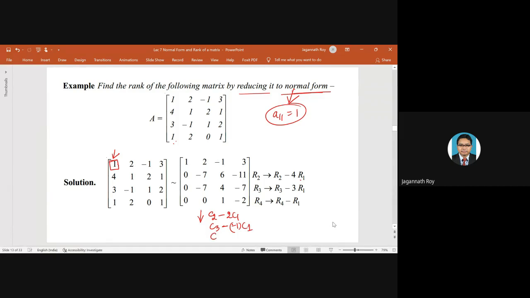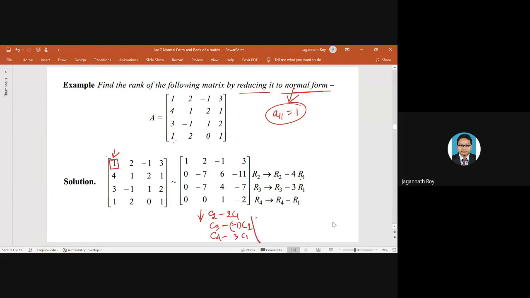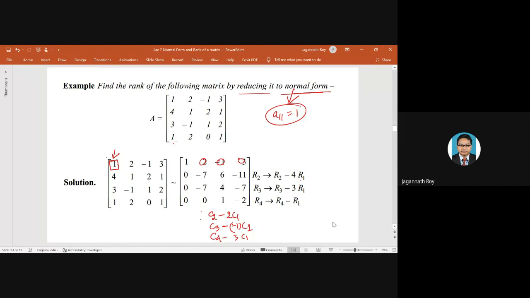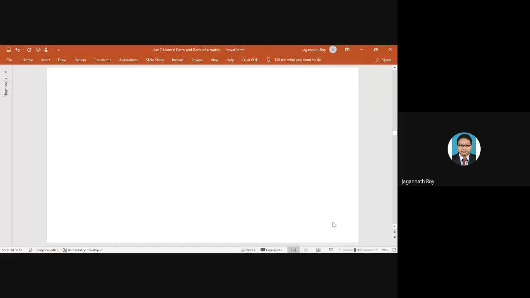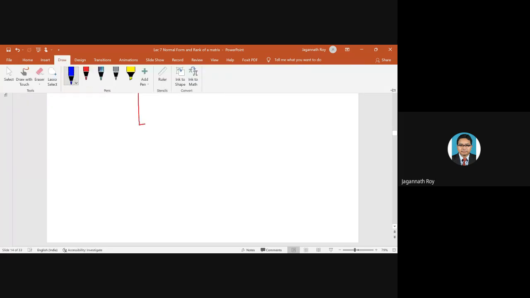Then C4 minus 3 times C1. If you do this operation, then this will become 0. So the next matrix will become, let me write it down with the blue color.